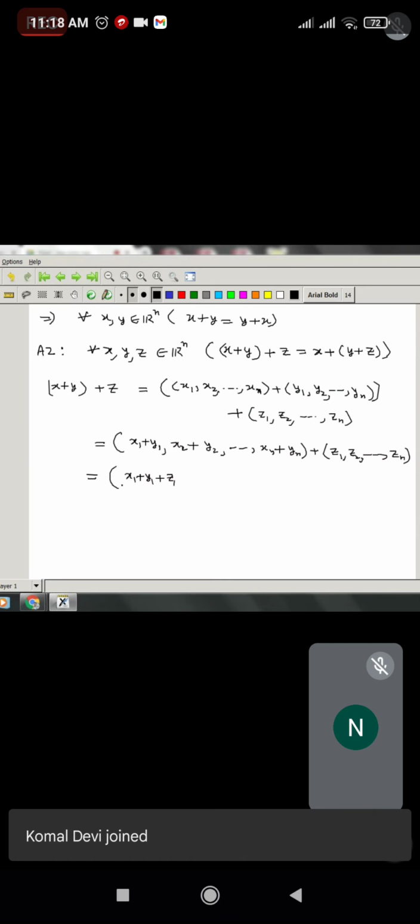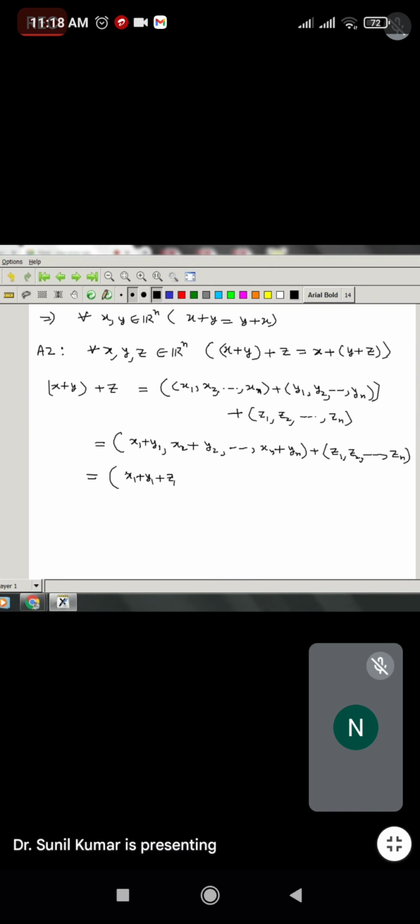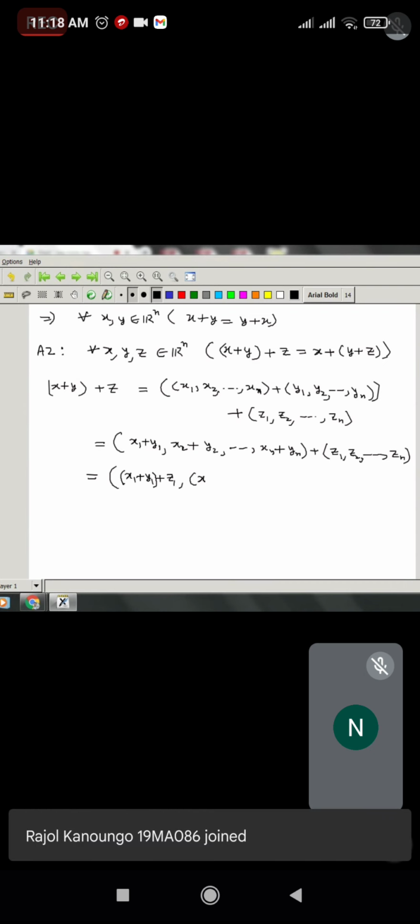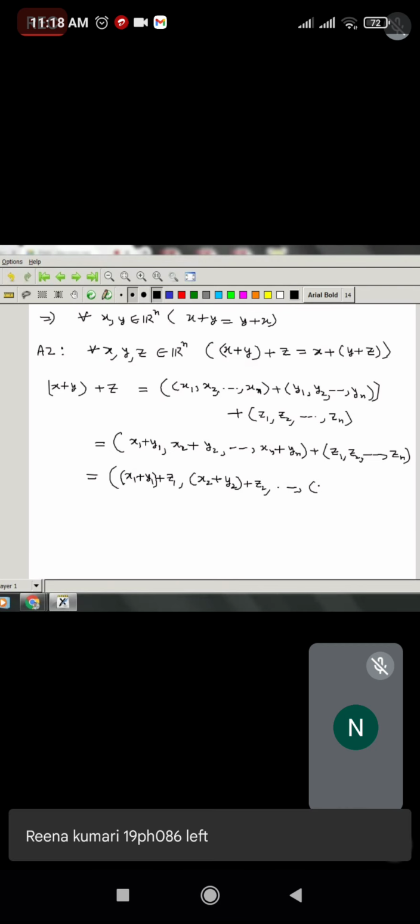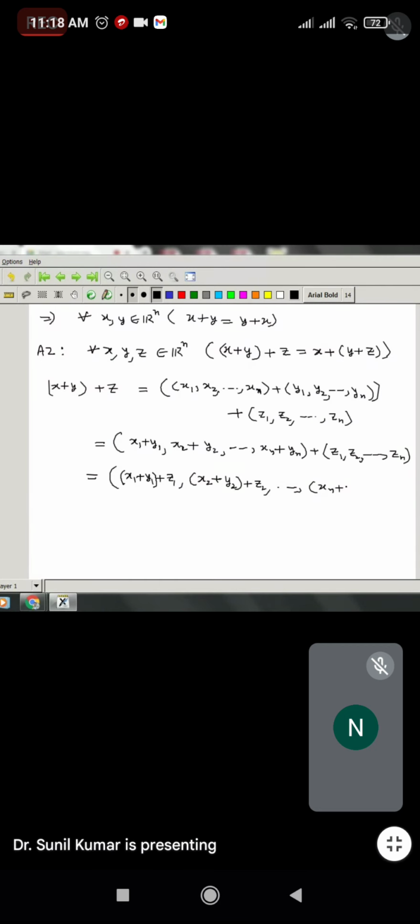No, sir, x1 plus y1 will be written in a bracket, because this is one vector, and we add this with z1. So (x1 plus y1) plus z1, then (x2 plus y2) plus z2, then (xn plus yn) plus zn.